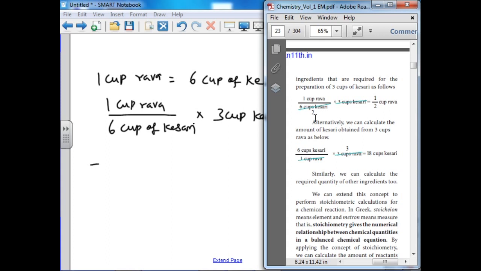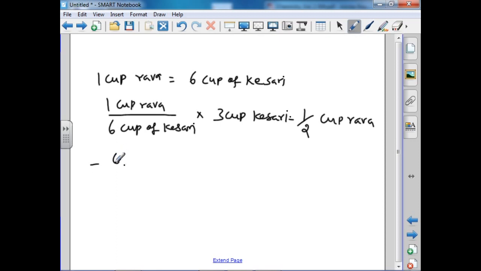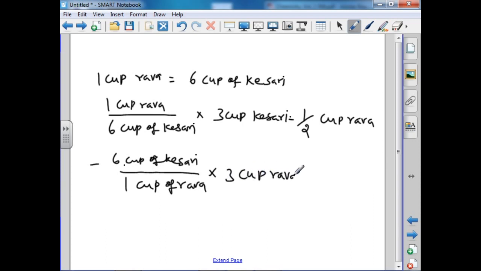How much kesari can we prepare? 6 cups of kesari divided by 1 cup of rava, multiplied by 3 cups of rava, equals 18 cups of kesari.